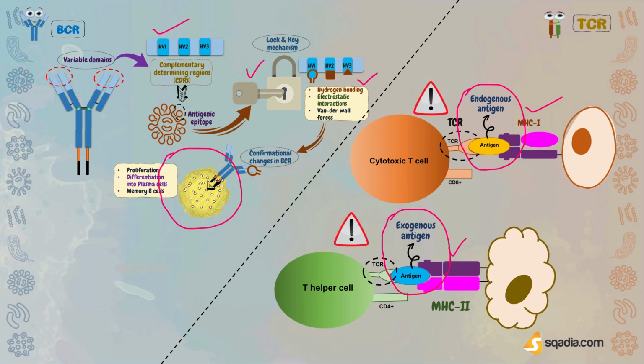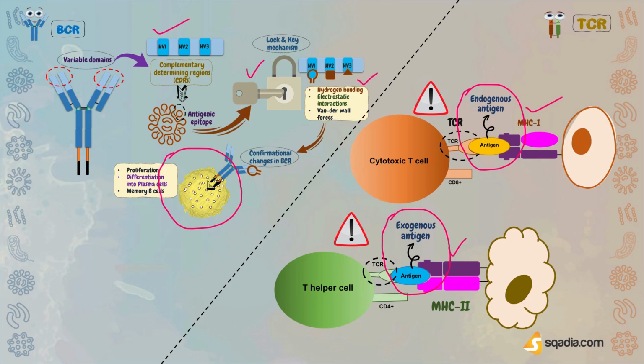So, once these abnormal protein fragments are presented over the cell surface by MHC molecules, this presentation acts as an alarm bell, summoning a special force of immune cells called cytotoxic T lymphocytes, CTLs, or killer T cells, and helper T cells respectively.